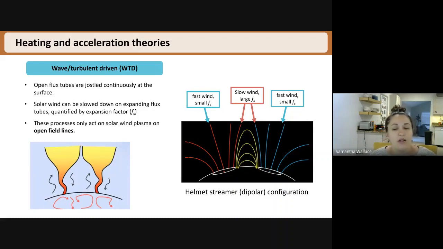In this model, the slow wind emerges from flux tubes that have undergone more non-radial expansion, which is what you see at the boundaries of coronal holes. This expansion is typically quantified by the magnetic expansion factor, which I'll discuss in more detail later on. But a key point in this theory is that these processes only describe plasma along open field lines.